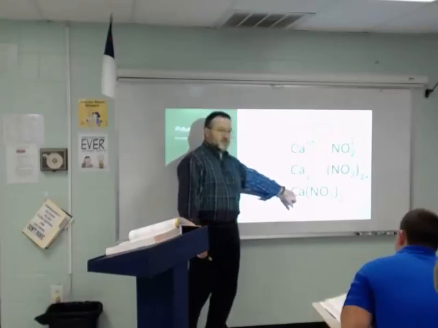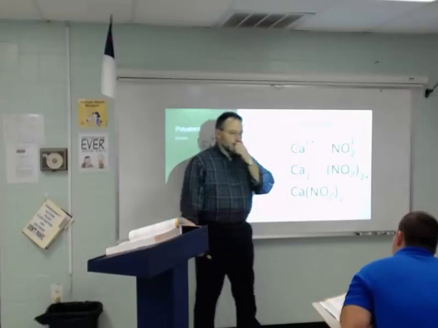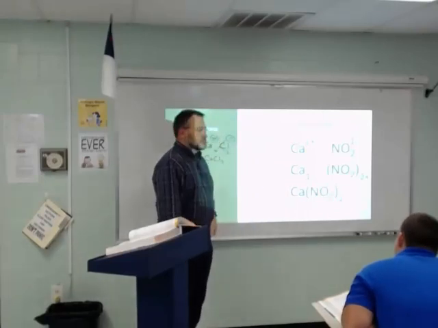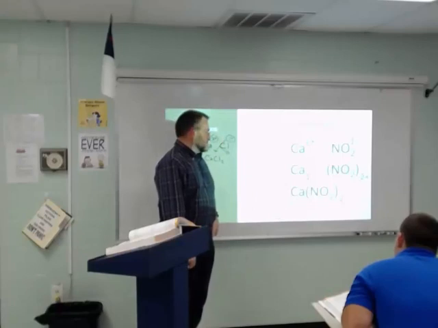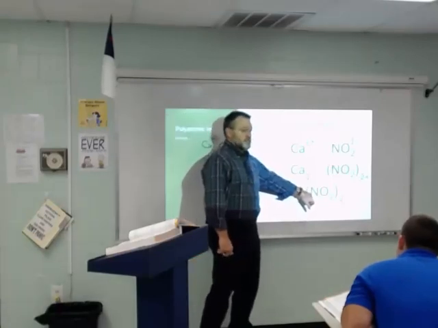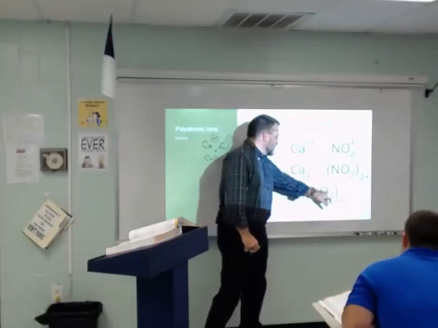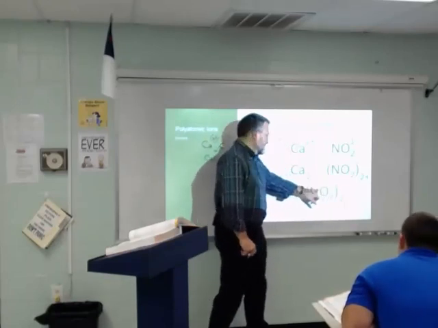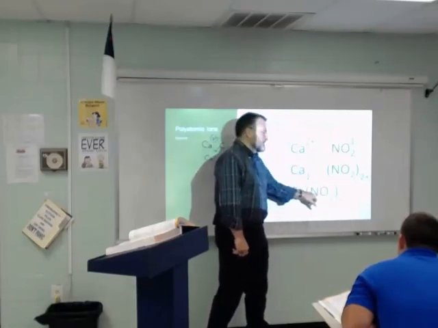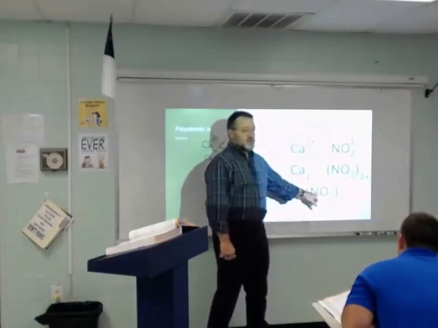There's 1 calcium in this molecule. How many nitrogens are in that molecule? How many nitrogens? Okay, there are 2 of them. There's 1 nitrogen for every nitrate, and I have 2 nitrates. So I have 2 sets of 1, or 2 nitrogens.